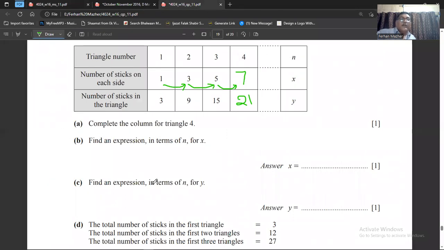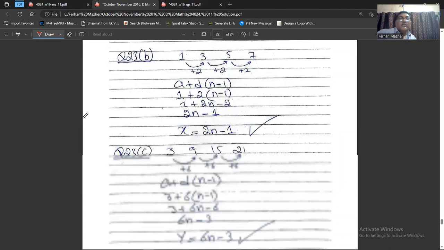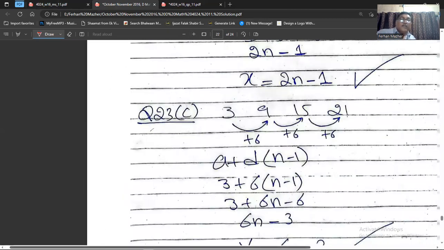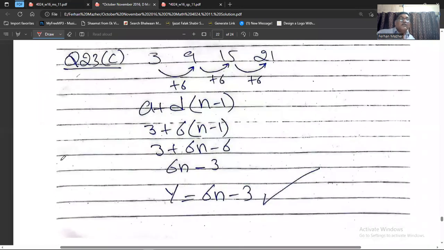Then he says find an expression in terms of n for the y. Here you added 6. Again you added 6. Again you added 6. So it's also an arithmetic sequence, and if it's an arithmetic sequence, very easily we can find its nth term.